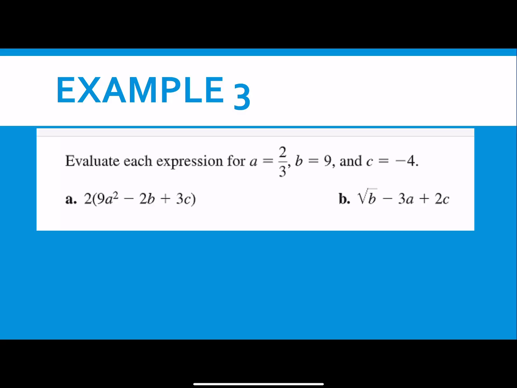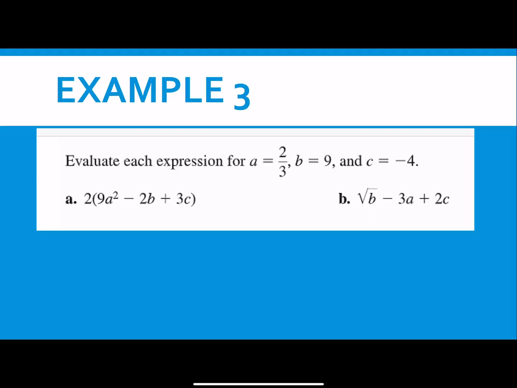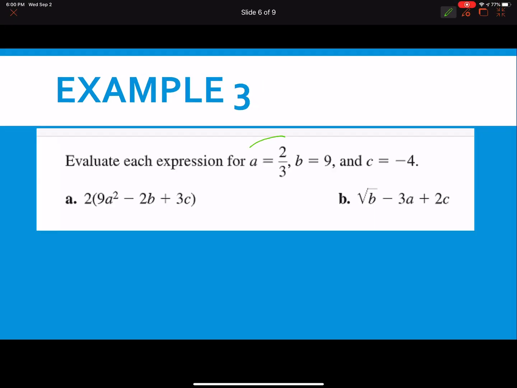So let's go ahead and start substituting for each of these values. So I'm going to use 2/3, 9, and -4 when I substitute. So I also need to remember, include the 2 out in front. Sometimes we forget that.